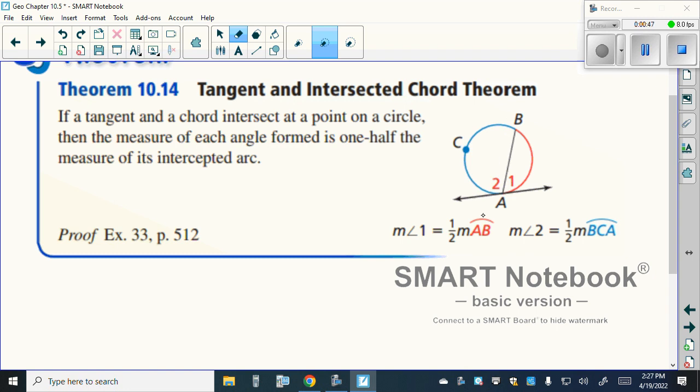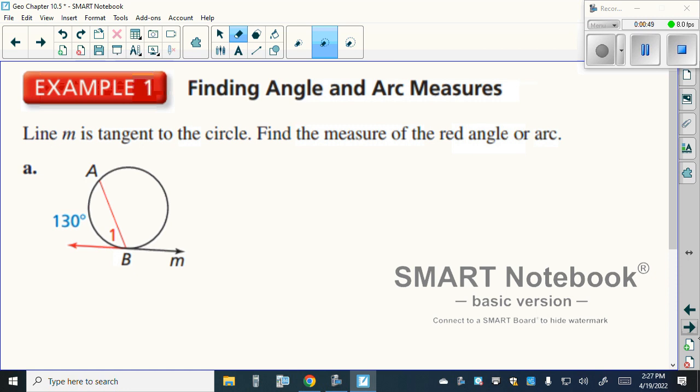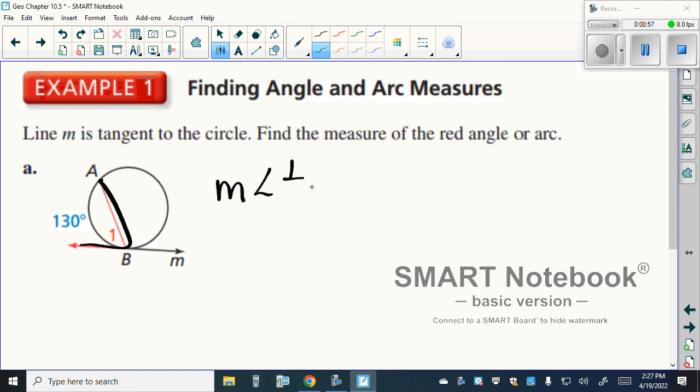So if we look at the first one here, we have angle 1 and the arc that composes it. The measure of angle 1 is going to be half the measure of its arc. And what's the measure of the arc for this one here?